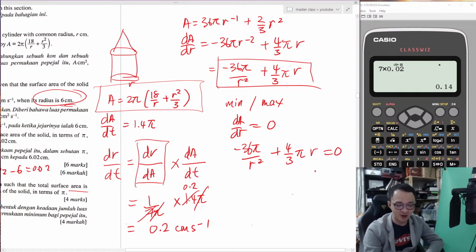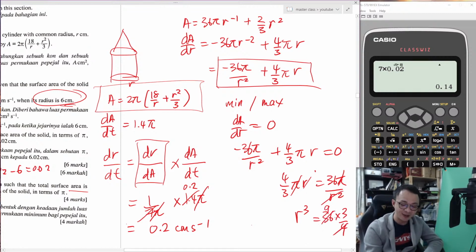Then we need to solve this one. 4 over 3 pi r equals 36 pi over r squared. Cut the pi, r and r multiply. Then this is 36 multiplied by 3 over 4. Cut, this is 9, 27, or 3 to the power of 3, so r equals 3.